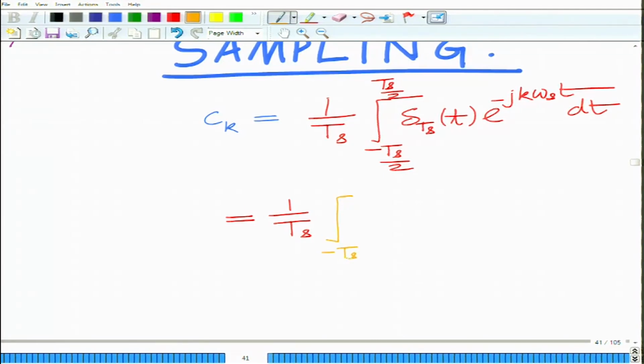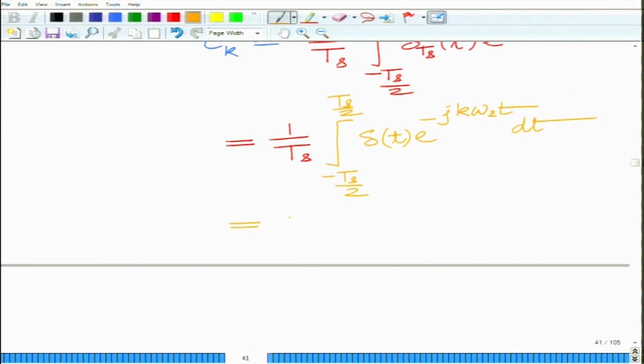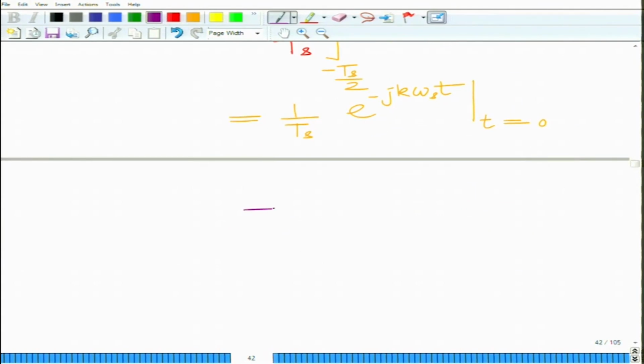So, this is the integral from minus Ts over 2 to Ts over 2 of delta t e raised to minus j k omega s t dt, which is basically 1 over Ts times the integral, because the integral with delta t is simply e raised to minus j k omega s t evaluated at t equal to 0, and therefore this is simply equal to 1 over Ts.